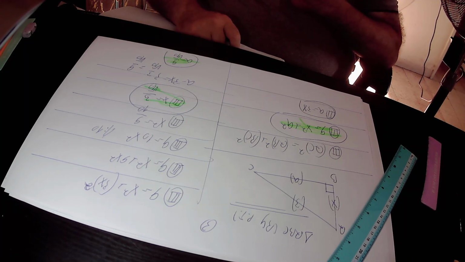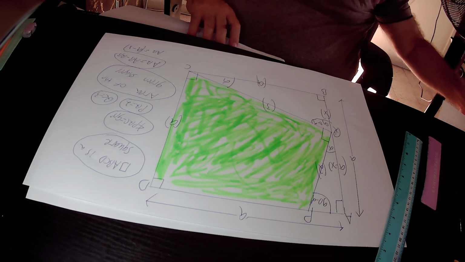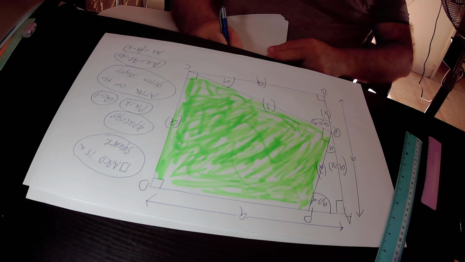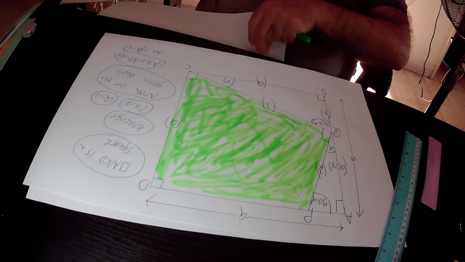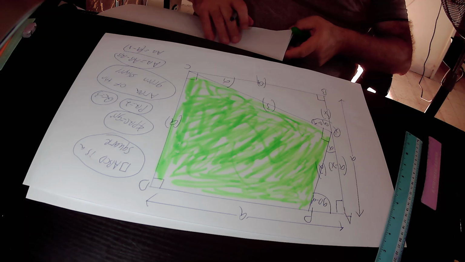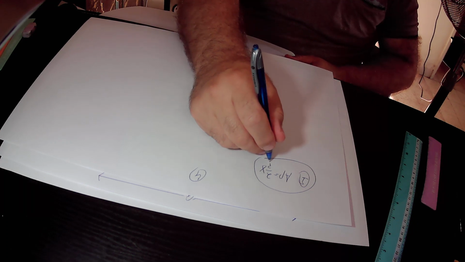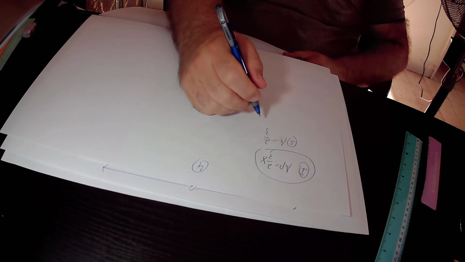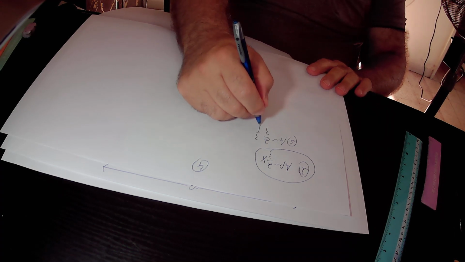According to equation 1, we already found out that AP equals 2/3 x. Repeat again, according to equation 1, AP equals 2/3 x, and x is 3 over square root of 10. So we substitute x by 3 over square root of 10.